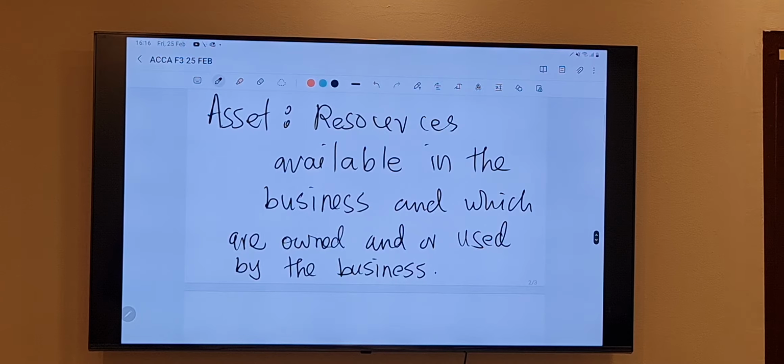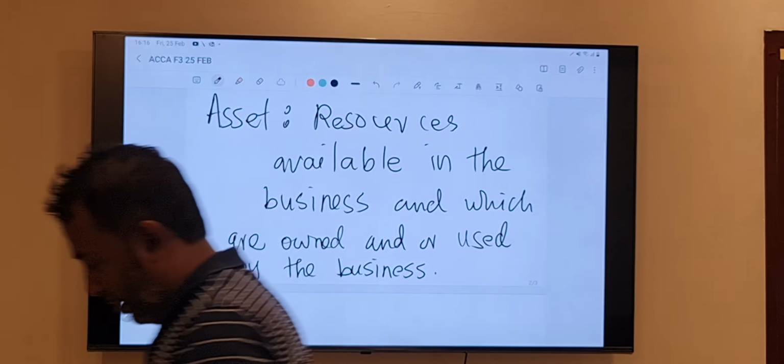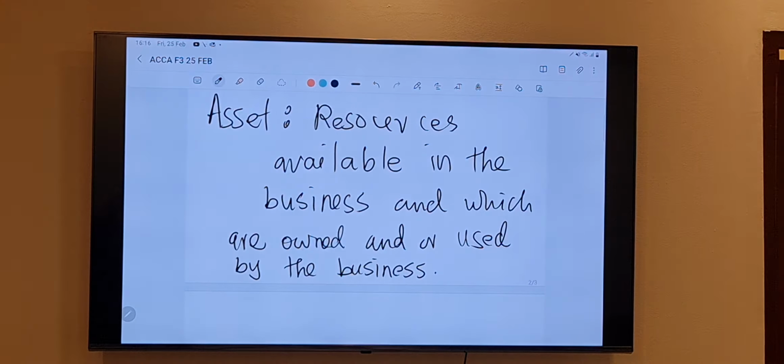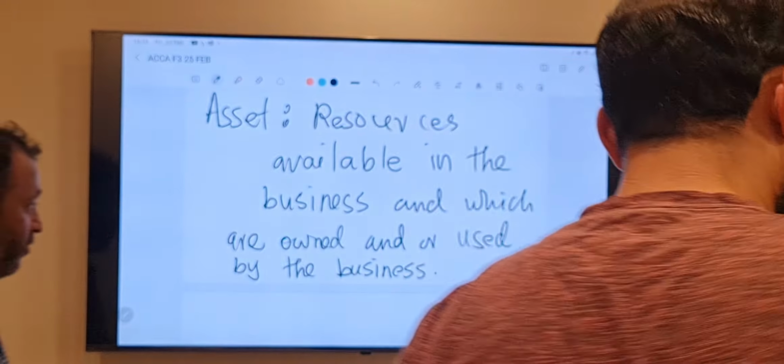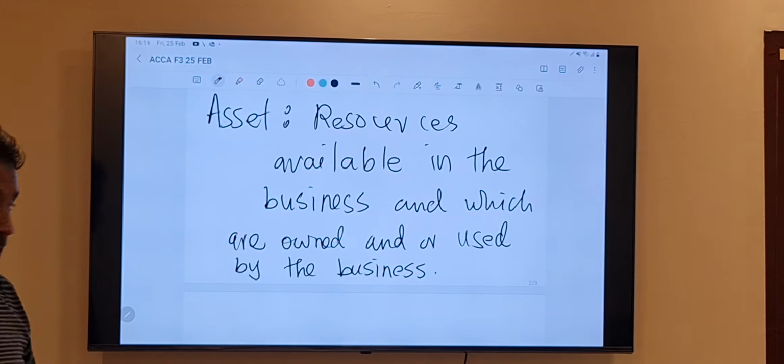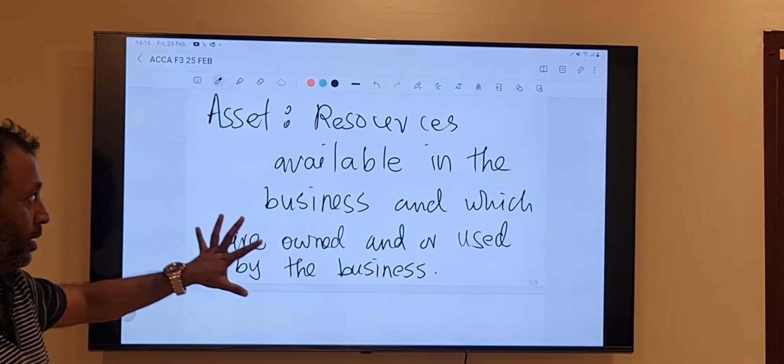This is the definition. Now, if someone wants to know the meaning of an asset, we define it like this.